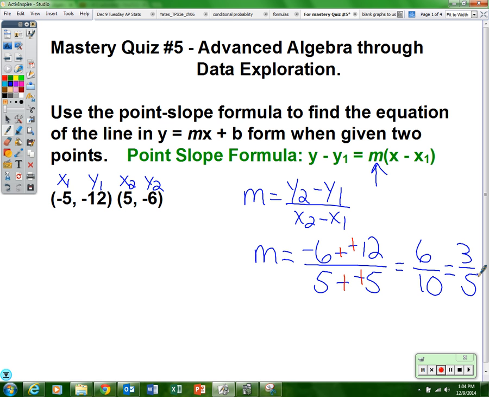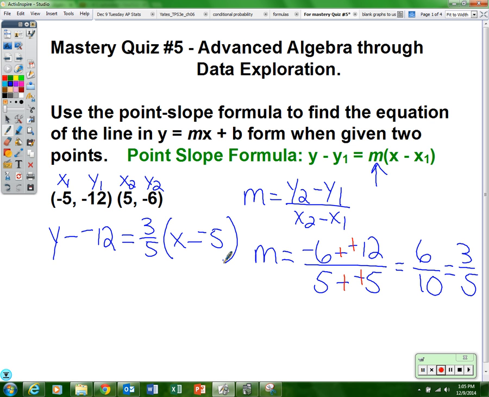Okay, we have everything we need to use the point-slope formula. So we write y minus, replace y1 with negative 12, equals the slope we just found, 3/5, parentheses, x minus, replace the x1 with negative 5.